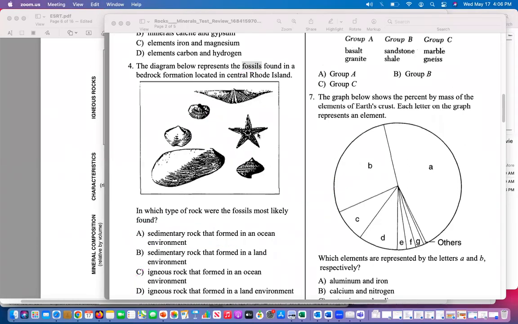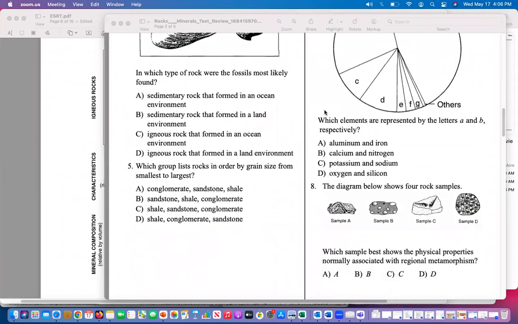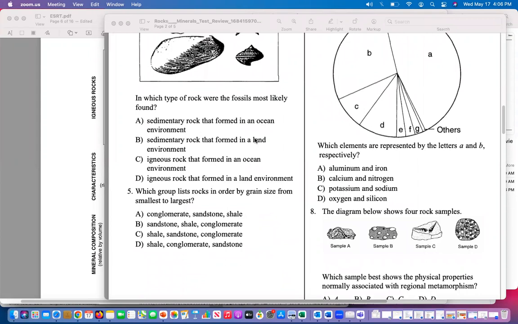All right, so I'm looking for number 5. Number 5 says, which group lists rocks in order by grain size from smallest to largest? So I'm looking at the grain size, from smallest to largest.